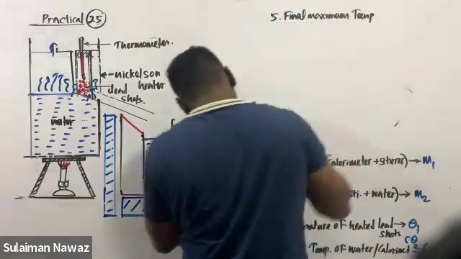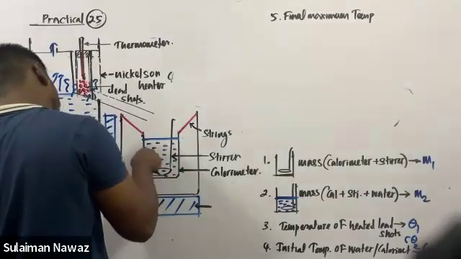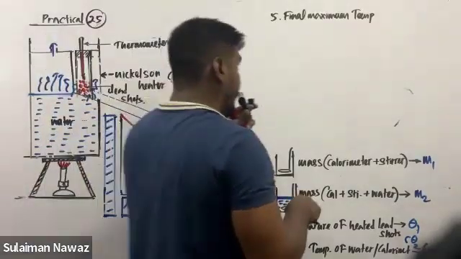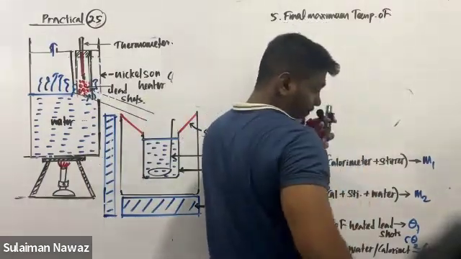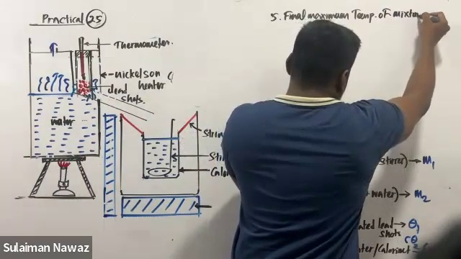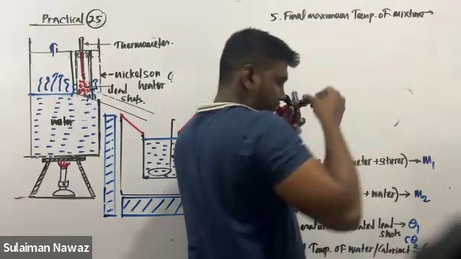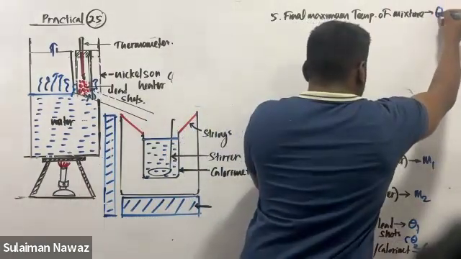Mixture means what? Stirrer, calorimeter, water, then lead shots. Final maximum temperature of mixture. So this is my theta 3. Now it's a very easy story.